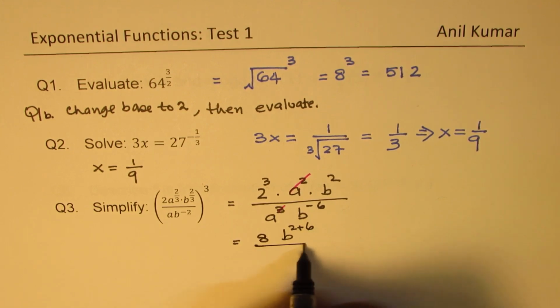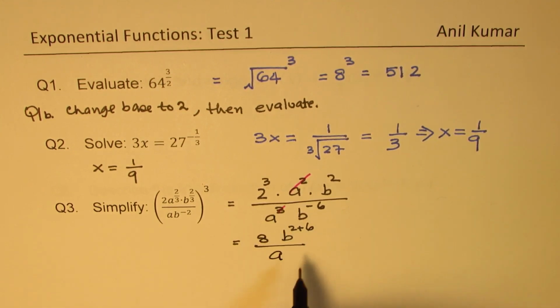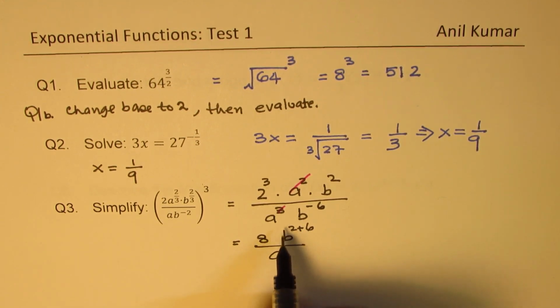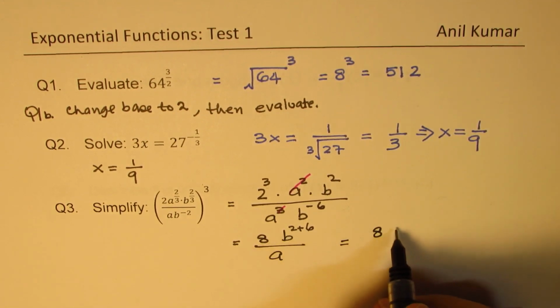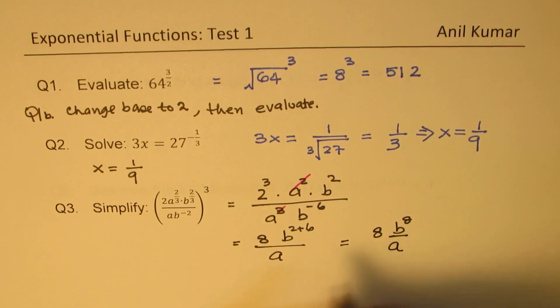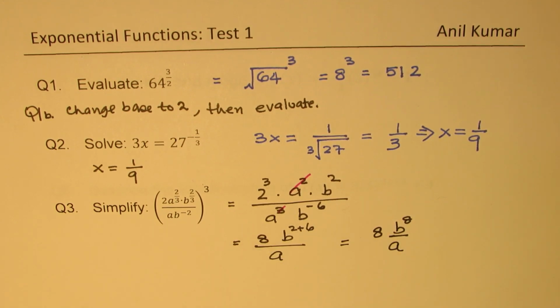Now we should be writing our solution with positive exponents, that's the whole idea, so I'm not writing a to the power of minus 1. So we get 8 b to the power of 8 over a, and that becomes the simplified form of the given expression. Clear?